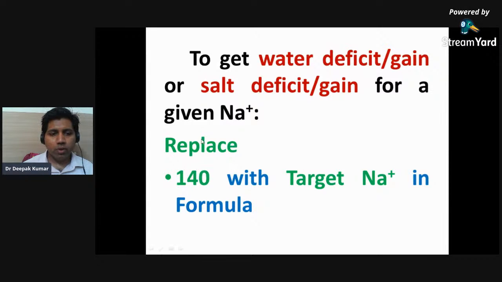So for a patient with sodium of 120, you want to correct to 125, and you want to identify how much is the sodium deficit that you want to replace to increase the number to 125. Instead of 140, you will be using the number 125. Whatever target sodium you want to reach, you can replace the number 140 with the target sodium, and you can find the value.